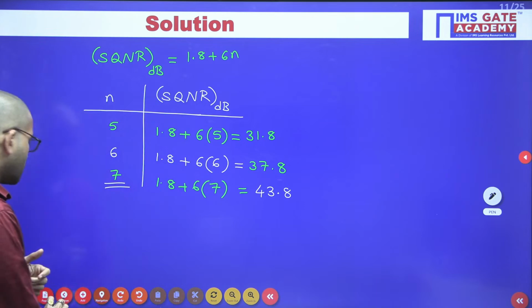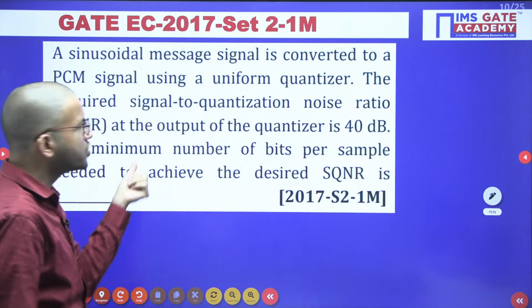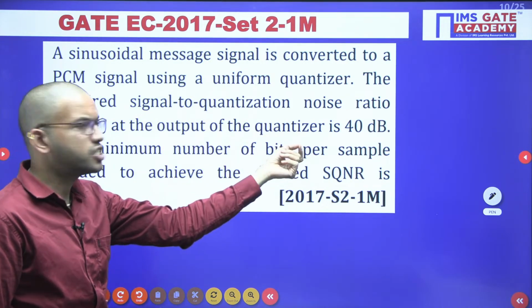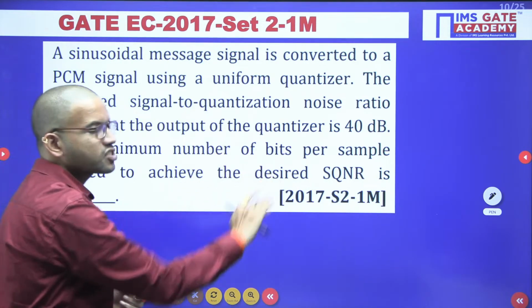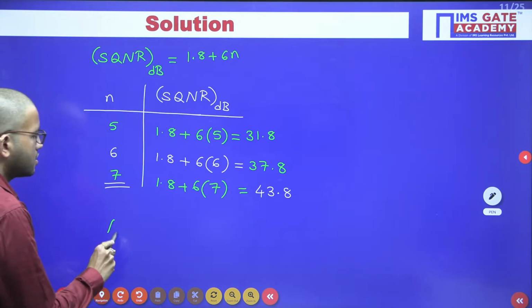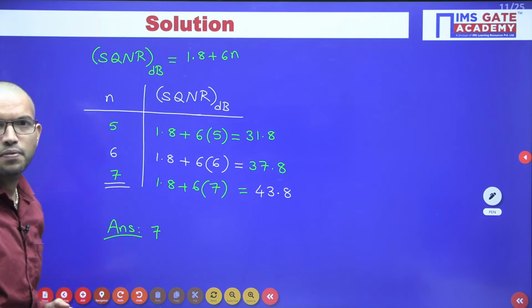The question is the minimum number of bits per sample to get a minimum signal to quantization noise ratio of 40 dB. So the final answer is 7.